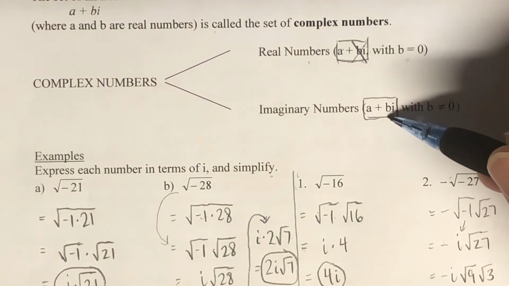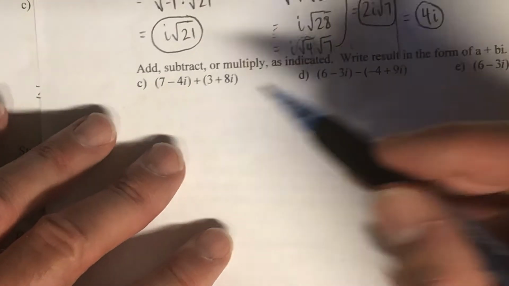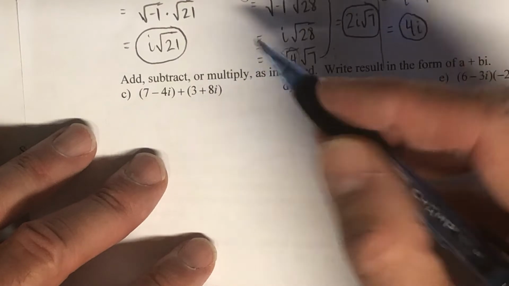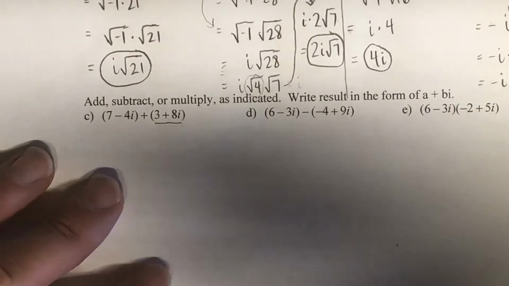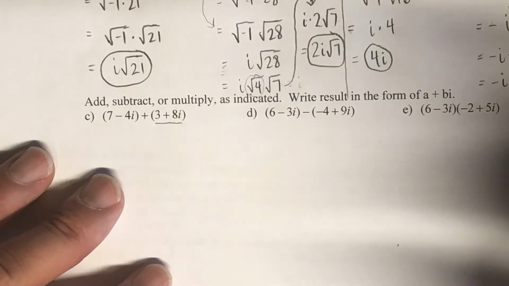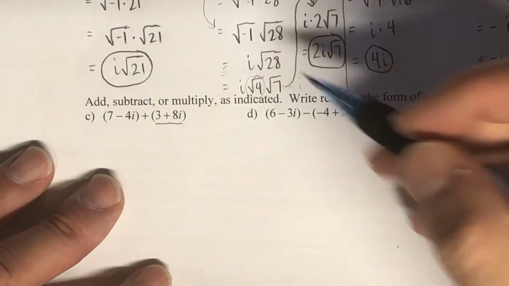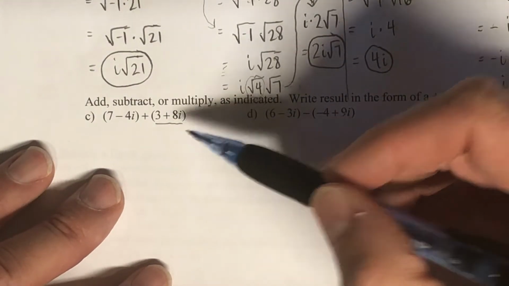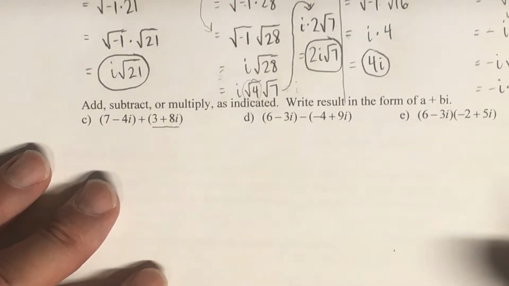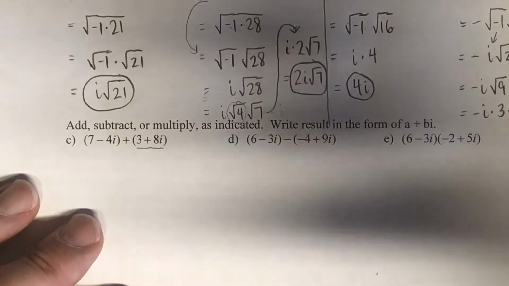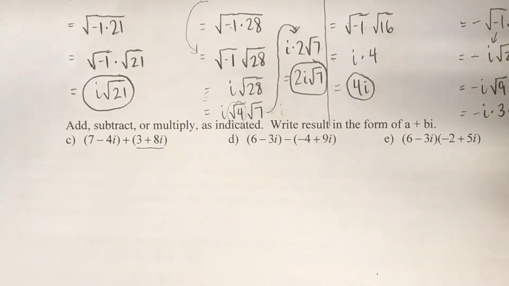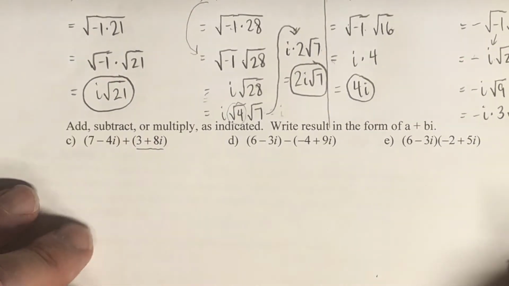Whereas if the b is not 0, for example, if it's equal to 8, if you have 8i, then that makes this whole thing imaginary, because the 8 is still there. It's not invisible. It's actually there. And therefore, the 3 plus 8i must be imaginary, because the 8 makes the i actually something that's there. It's not 0. It's not nothing.